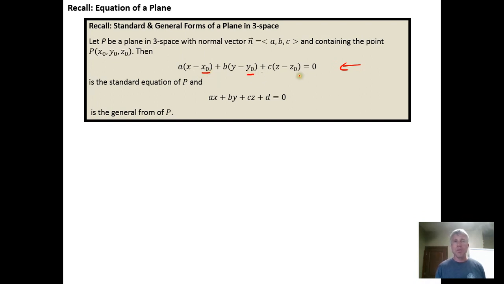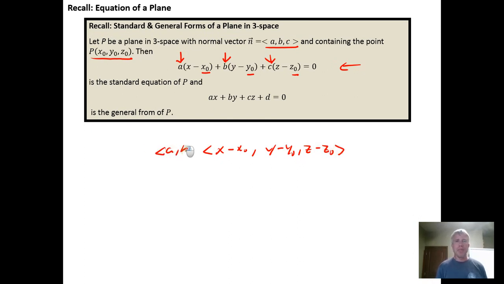x naught, y naught, z naught, we just needed to find a vector that was perpendicular to the plane, a vector ABC that was normal or perpendicular, and we took the dot product of the normal vector with the vector that looked like x minus x naught, y minus y naught, z minus z naught, which was a vector in the plane.